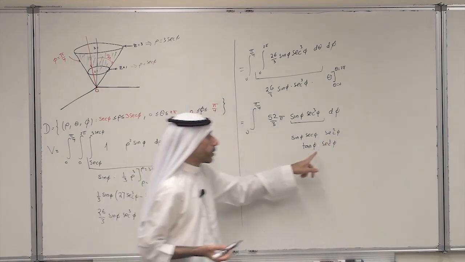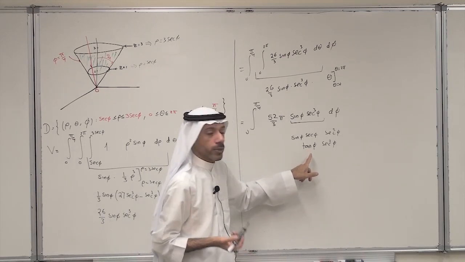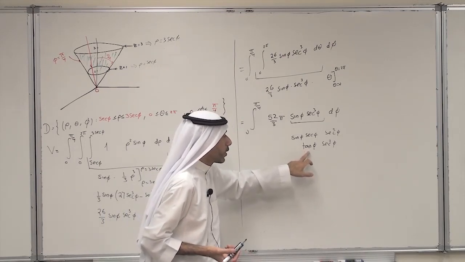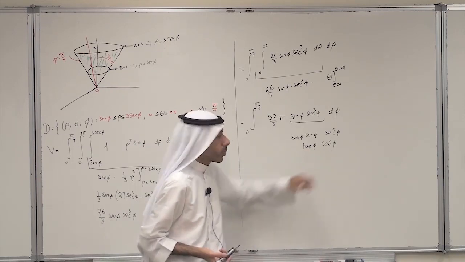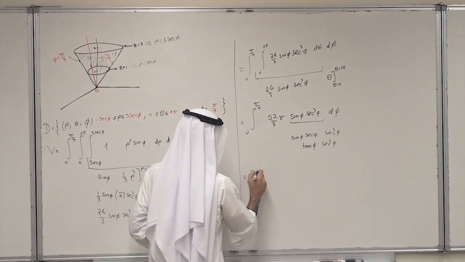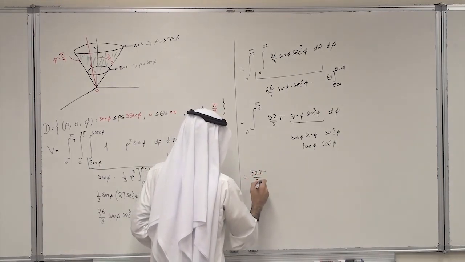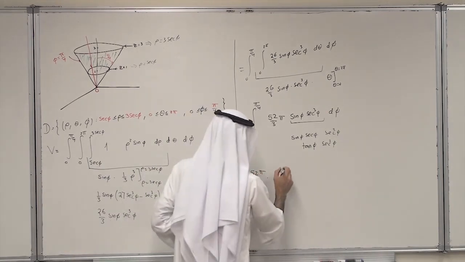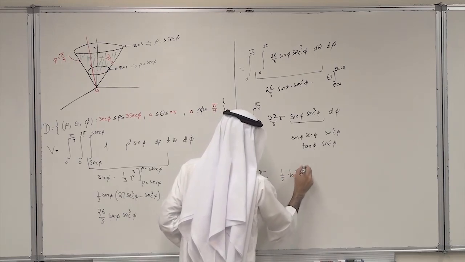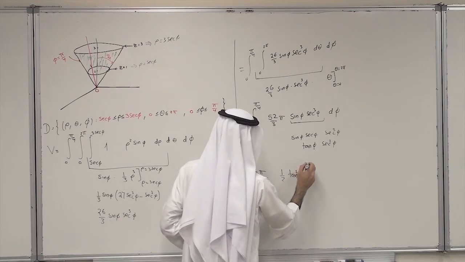Now to integrate this you can use a simple u substitution. If I let u equal tan phi, the derivative is secant squared. So a simple u substitution gives us the following: 52 pi over 3 times the integral, half tan squared phi from 0 to pi over 4.